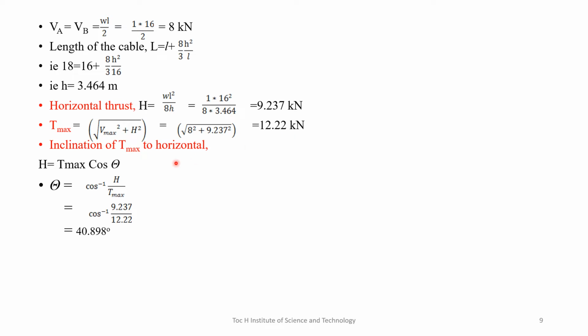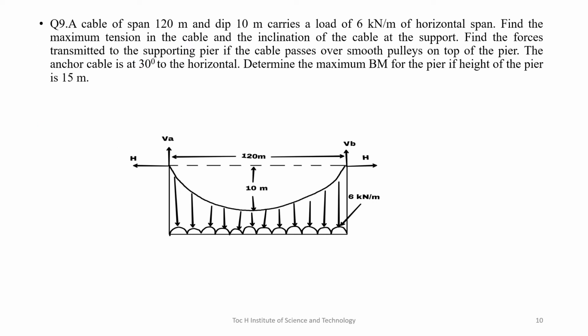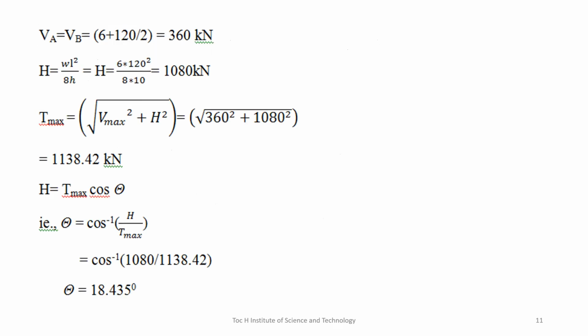Now, the inclination of T max with the horizontal, we know H is equal to T max cos theta. That means the cable makes an angle theta with the support A with the horizontal, that is theta is equal to cos inverse of H by T max, and that's equal to 40.898 degrees. Okay, here you can see the span length is 120, so 120 into 6 divided by 2, and that's equal to 360 kilonewton.